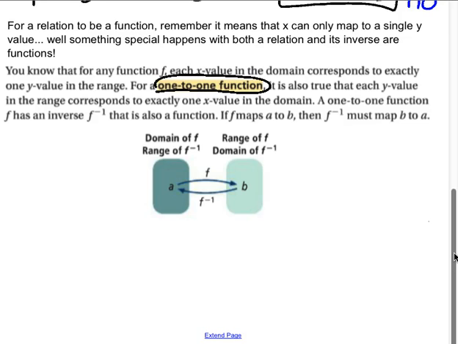We call that a one-to-one function. Means x can only go to a single y and y can only go to a single x. That's what allows the inverse to be a function. Just some fun little vocab for you if you're interested in a new mathematical idea. That is what we're talking about, one-to-one.